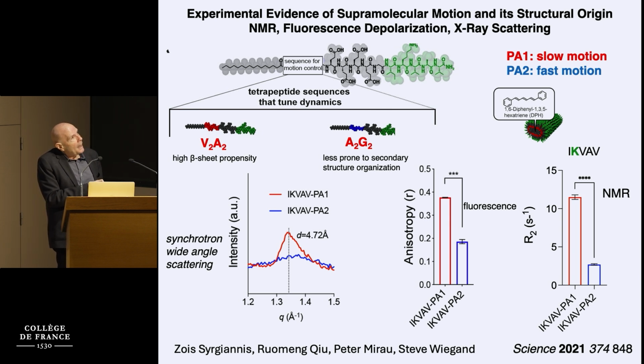Okay? And then found that the bottom line is that the PA1 with this tetrapeptide had very slow motion, and the one with PA2, A2G2, had very fast motion.